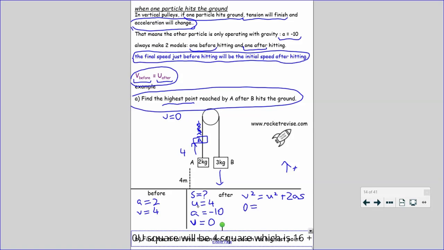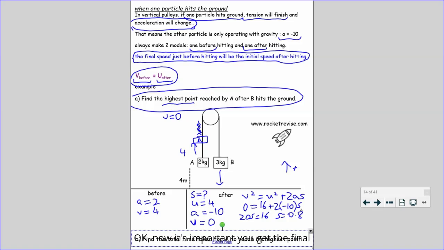U squared will be 4 squared, which is 16, plus 2A is minus 10, and S we need to find. Now we rearrange this. So 20S equals 16, and S will equal 16 over 20, which is 0.8.